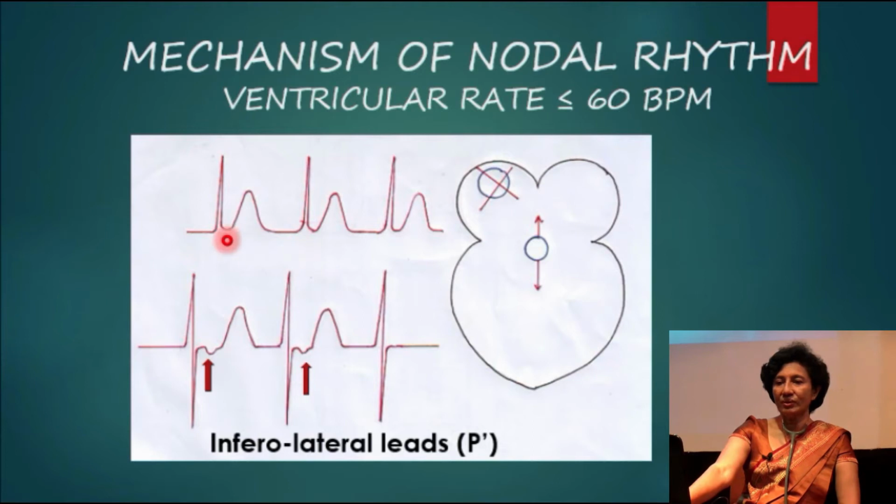If you see narrow complex bradycardia, RR intervals are regular, and you can't see any atrial activity on the baseline, you can make the diagnosis of nodal bradycardia.